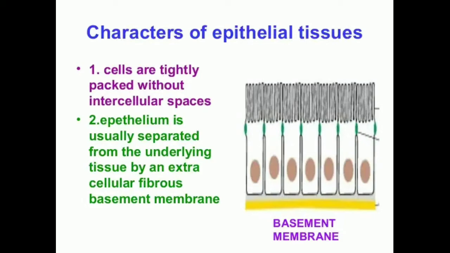These are the characteristics of epithelial tissue. It can be seen in the skin, the lining of our mouth, the lining of blood vessels, lung alveoli, kidney tubules, etc. All these are made up of epithelial tissue.